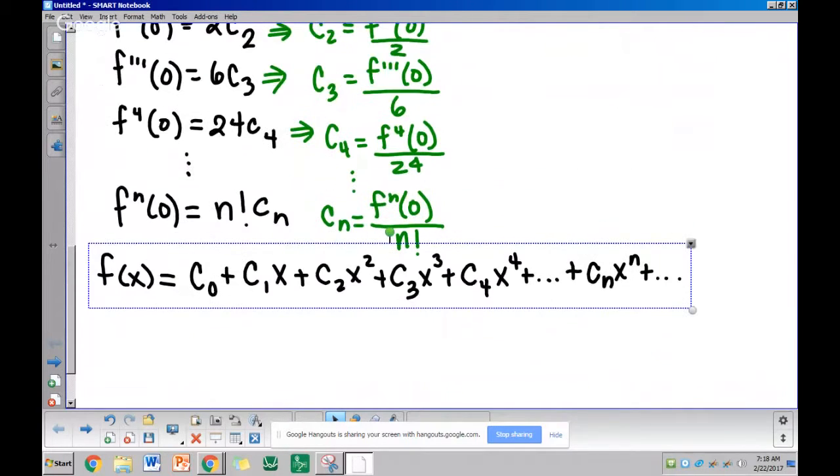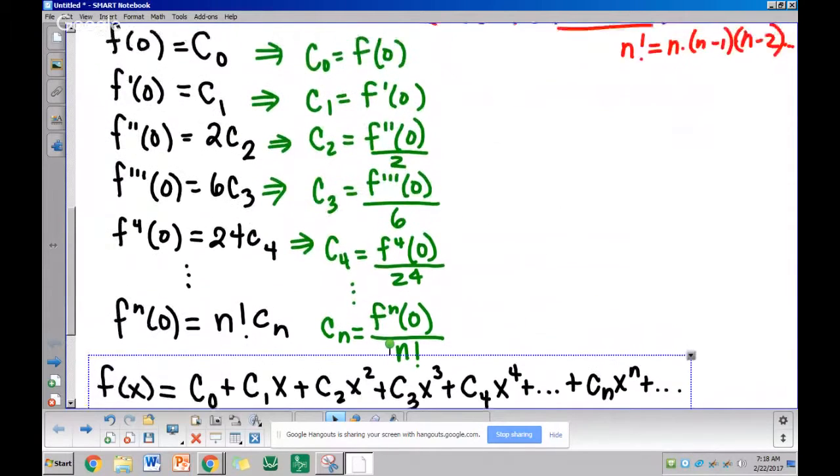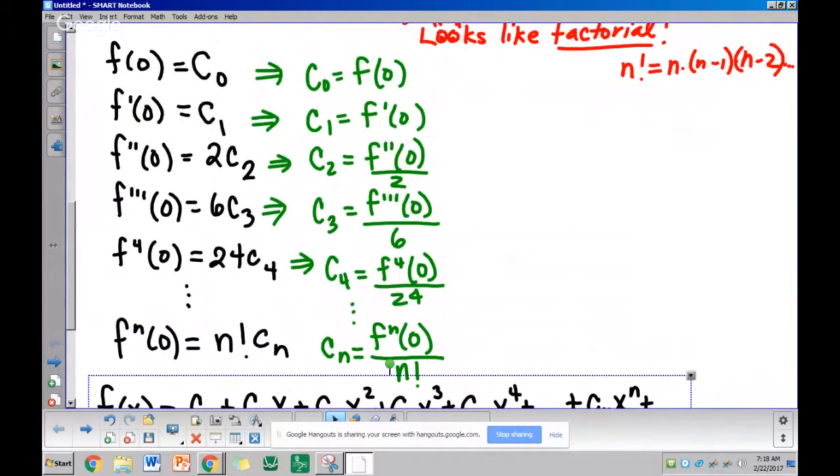Here's our polynomial. So we're now going to take all of this information that we just gleaned as to what the constants equal, and we're going to plug it into our equation. But let's consider the following.